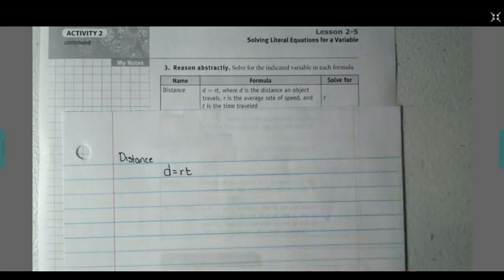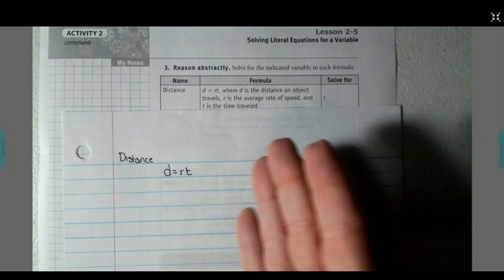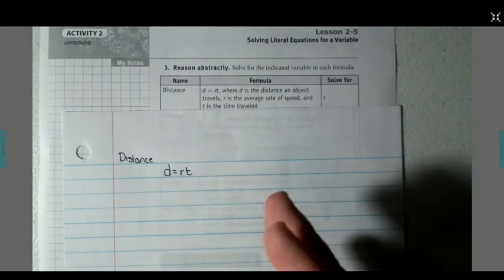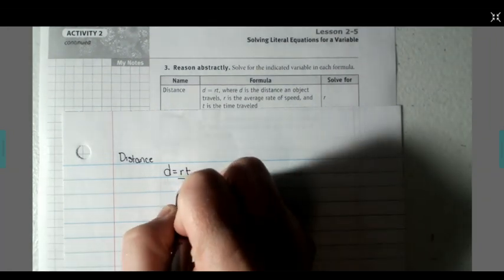And it asks us to solve for R. So I want to isolate my R. Well, the R term is already isolated because there was nothing else in addition or subtraction from the R term. So now all we have to do is divide by T to get the R by itself or to isolate it. So we are going to divide by T.